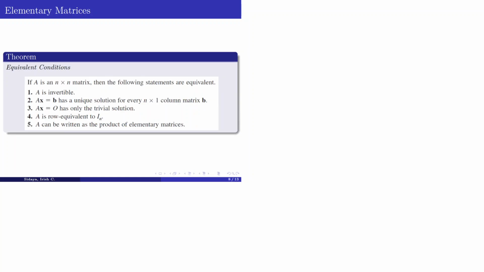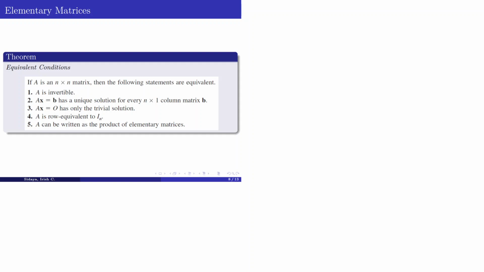Next, we have the following equivalent conditions. If A is an n by n matrix, then the following statements are equivalent. This means that if one of these statements is true, then the rest must also be true. First, A is invertible.